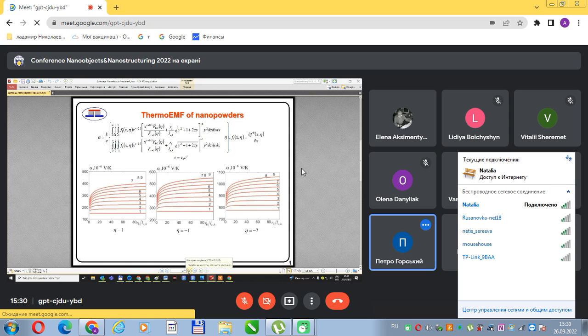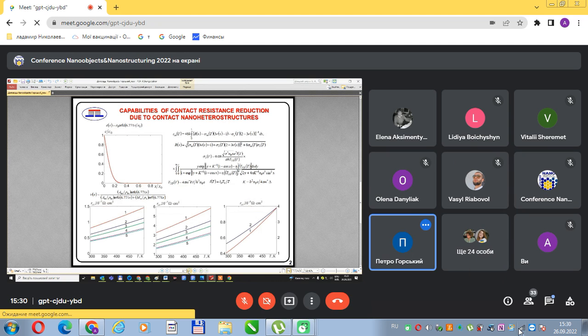Ну і ще одна можливість, це вже надбудова. Для роботи термоелектричних приладів, таких як генератори і охолоджувачі, істотну роль грає контактний опір термоелектричний матеріал — метал. Чому?